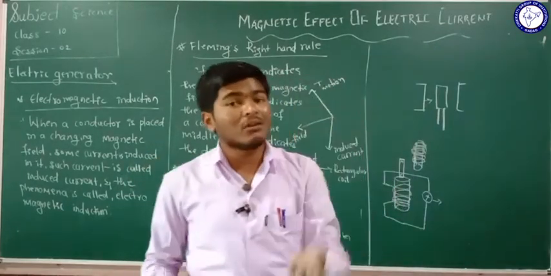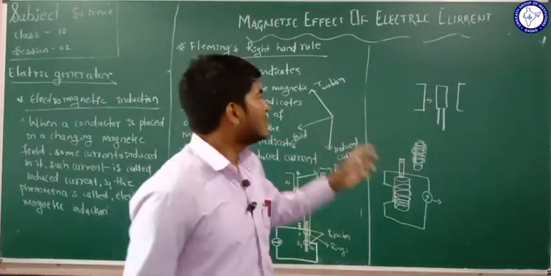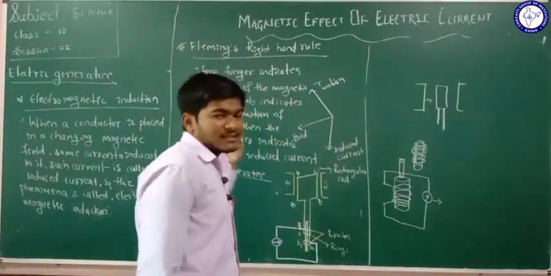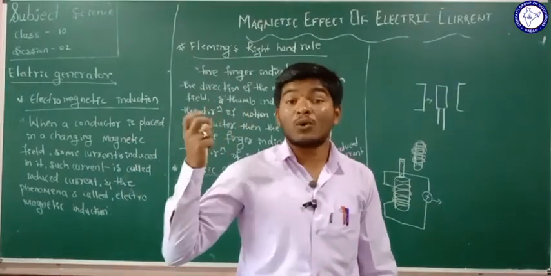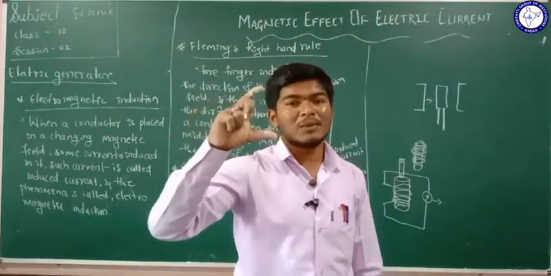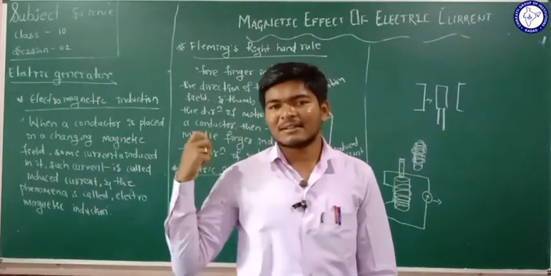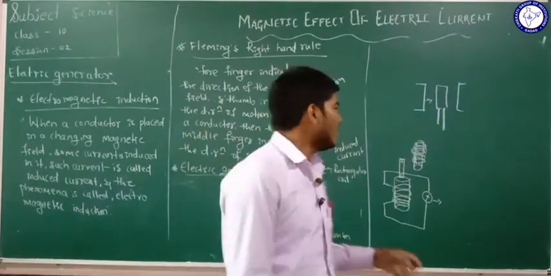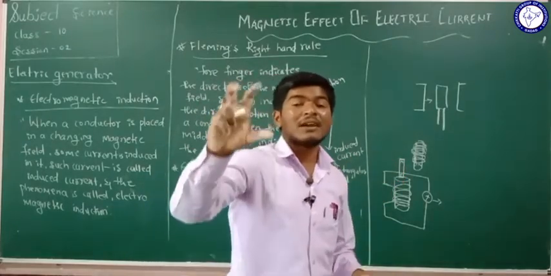Using electromagnetic induction, we prepare a device that is called an electric generator. If you look at old bicycles, one device is present at the back wheel of the cycle. Using that device, the front light glows.